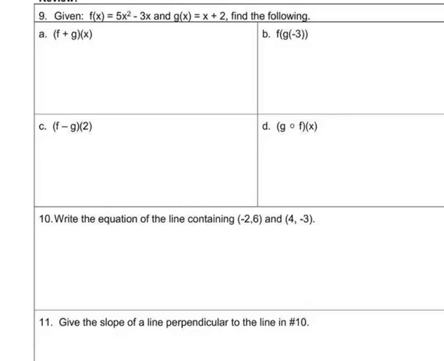Okay, problem number 9. The easiest way to take care of these is we're adding function f, so I'm going to put it in parentheses, f is 5x squared minus 3x. Okay, that's function f, and we're going to add to it function g, which is x plus 2.